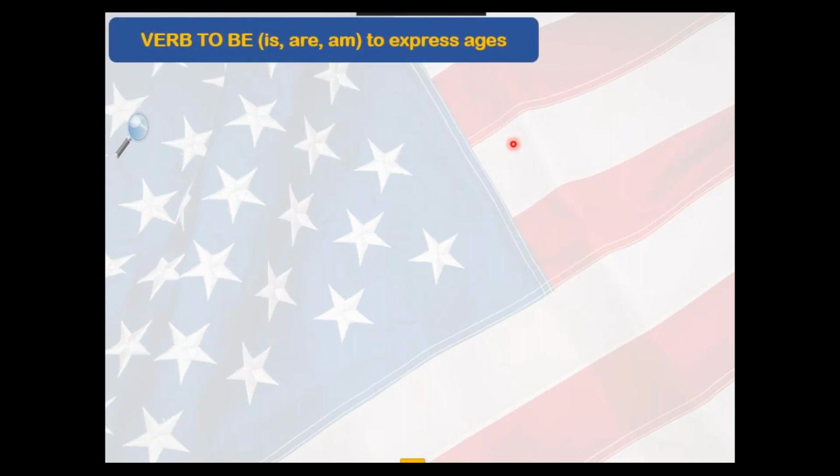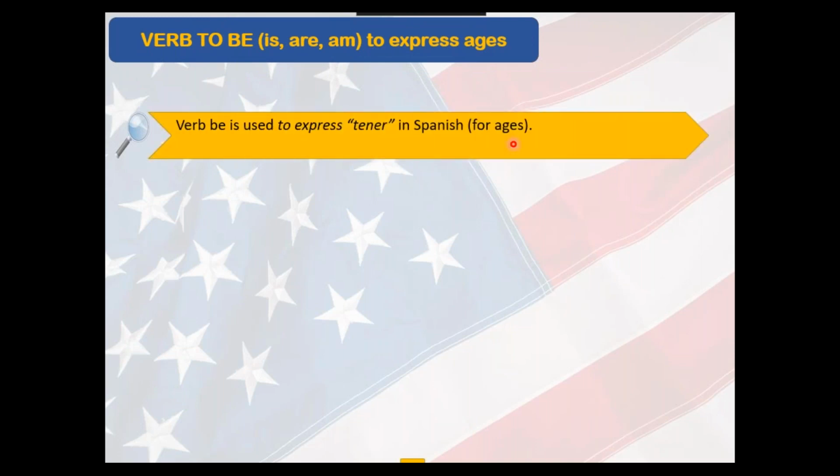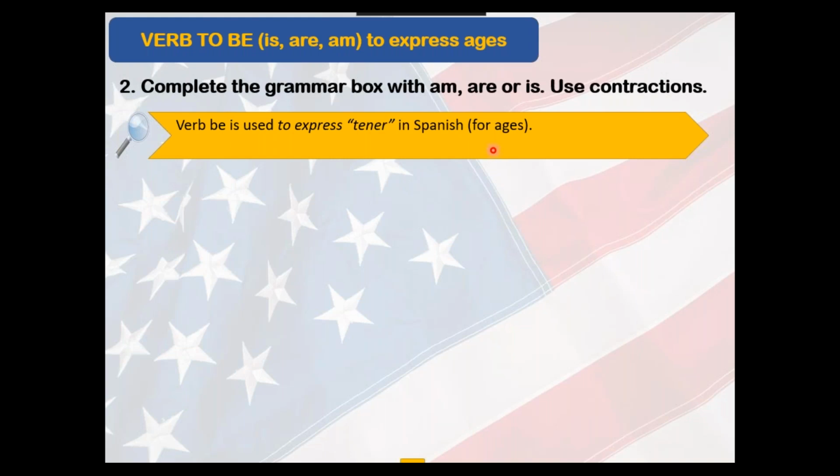We have the use of the verb to be to express ages. For example, remember that the verb be is used to express tener, okay, ojo, tener, in Spanish, but for ages, para edades, okay, para edades. We have to complete a grammar box with are, or is, okay? We have to use contractions.